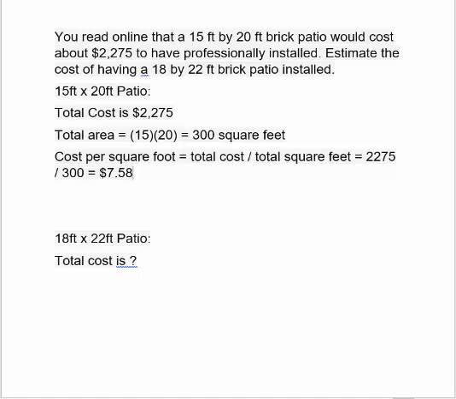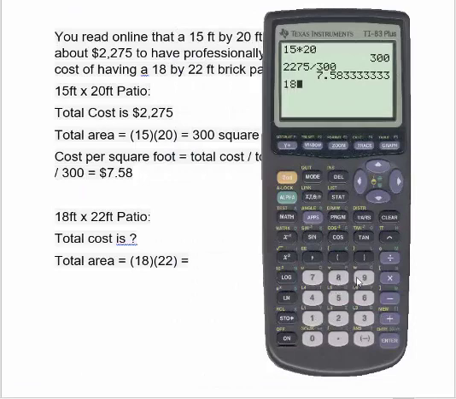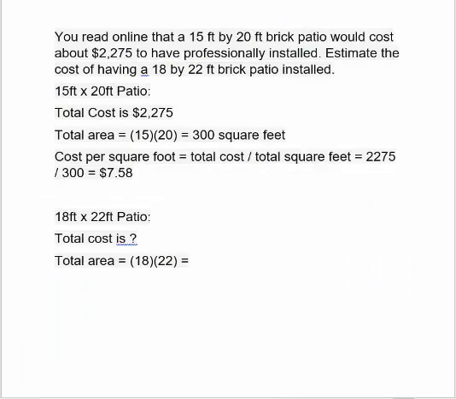If we know how much it costs per square foot, how could we figure out the total cost for this patio down here? Let's figure out the total area. That would be 18 times 22, which is 396 square feet.